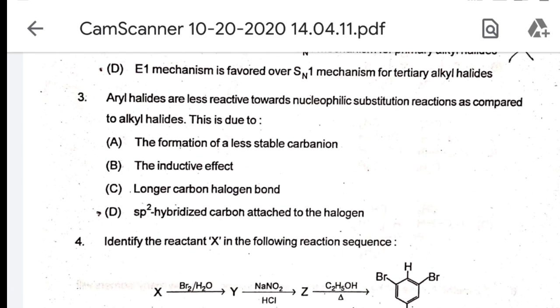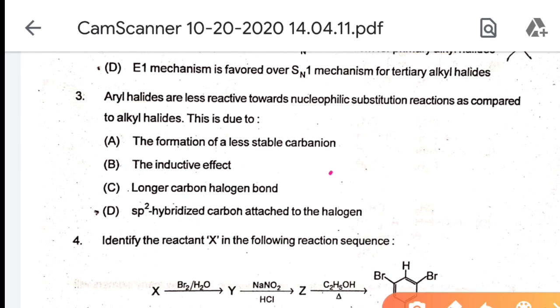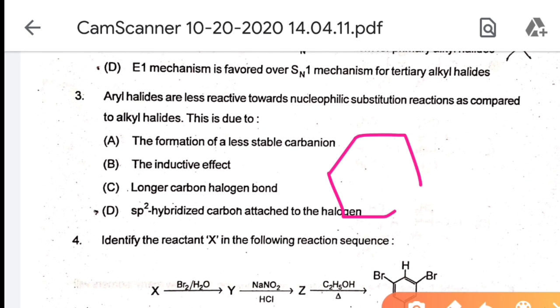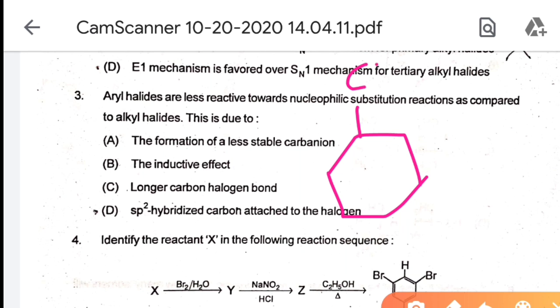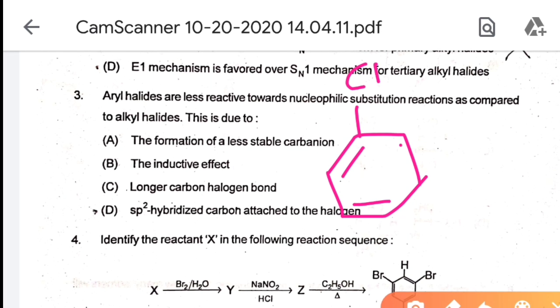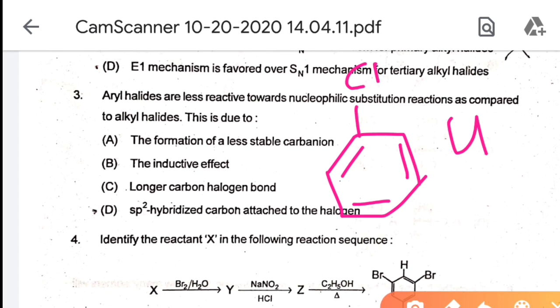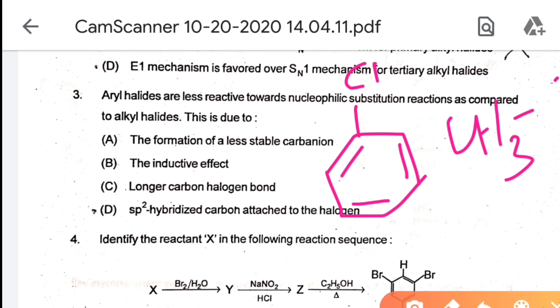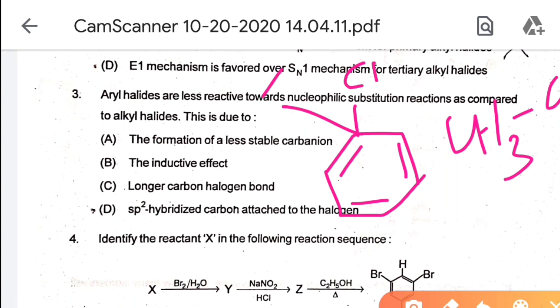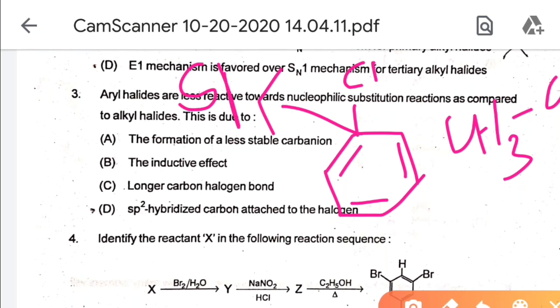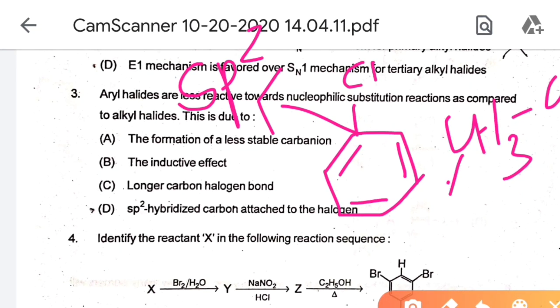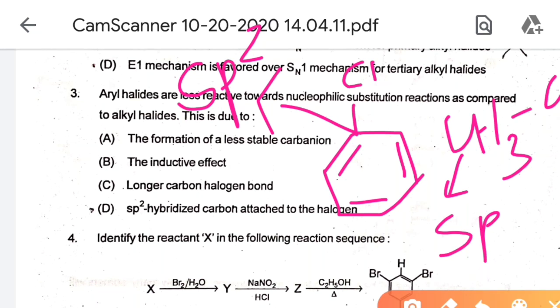So question number 3: aryl halides are less reactive towards nucleophilic substitution reactions as compared to alkyl halide. This is due to, see, this is your aryl halide and suppose this is your alkyl halide. The carbon here is sp2 hybridized and the carbon here is sp3 hybridized.